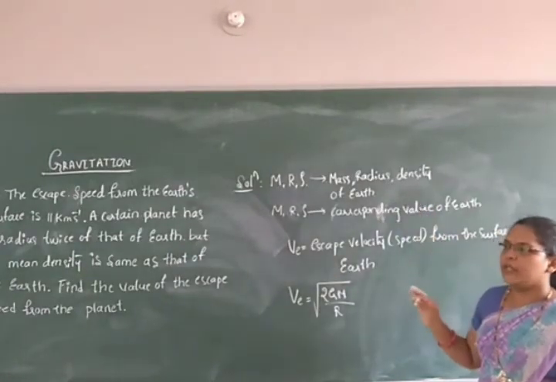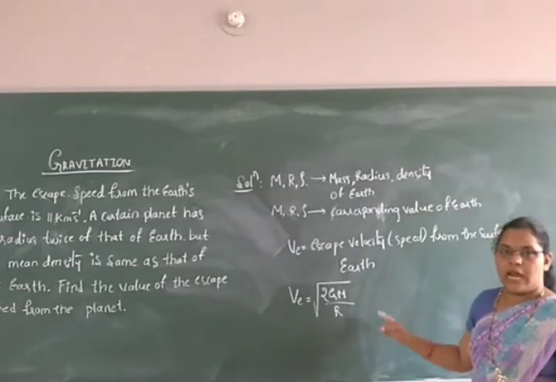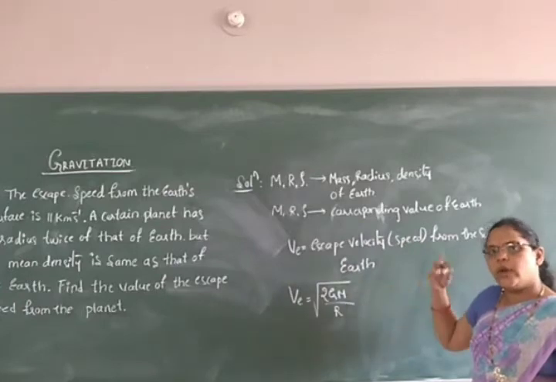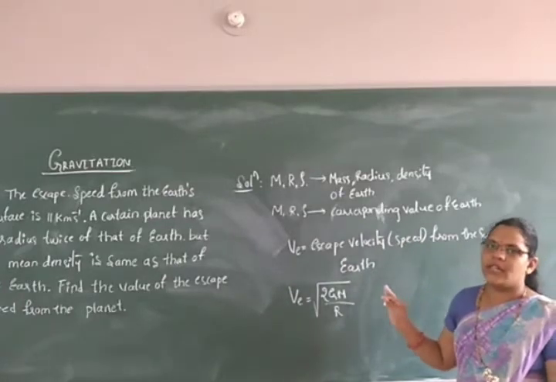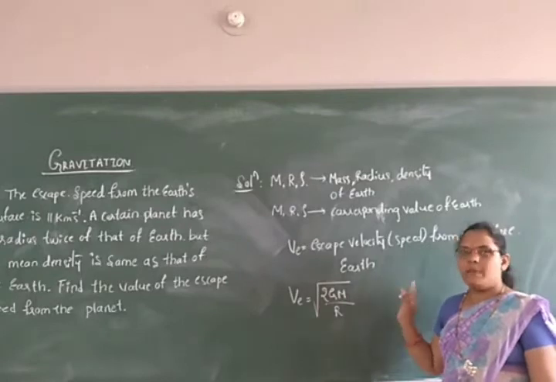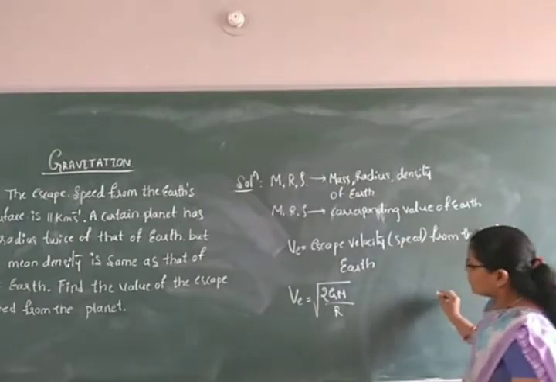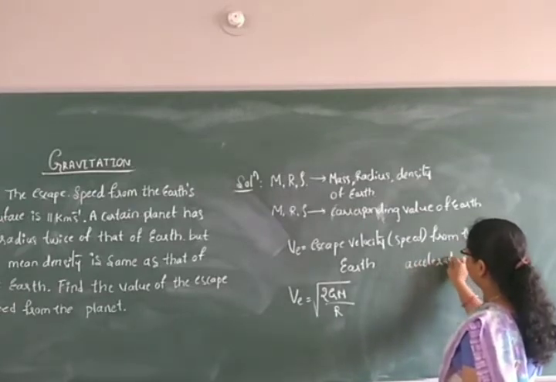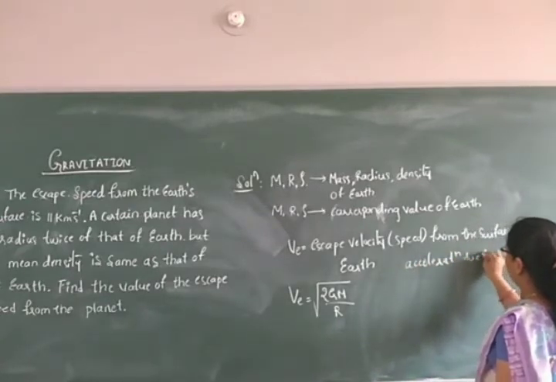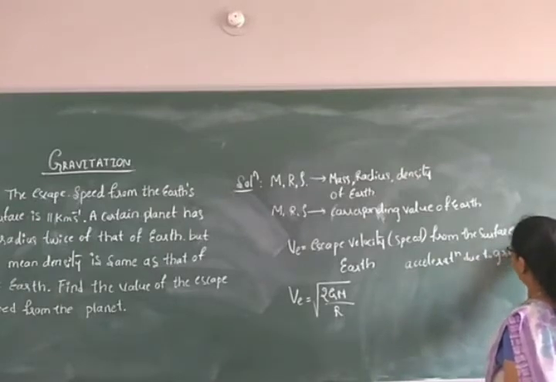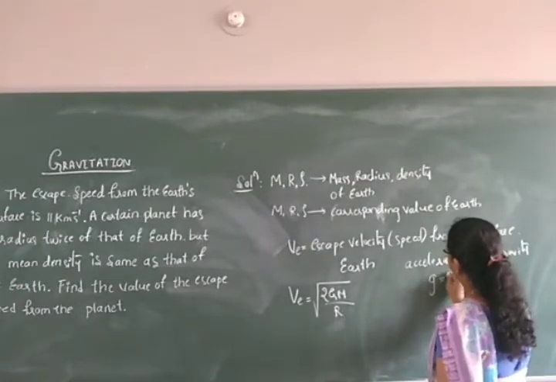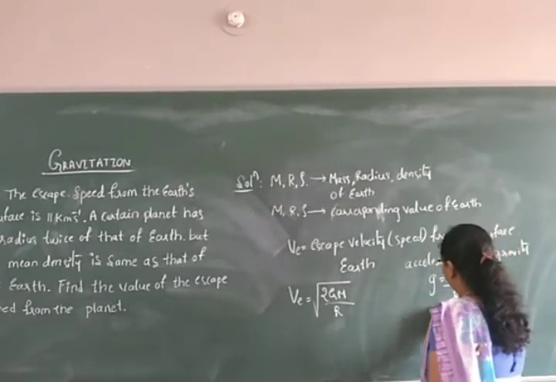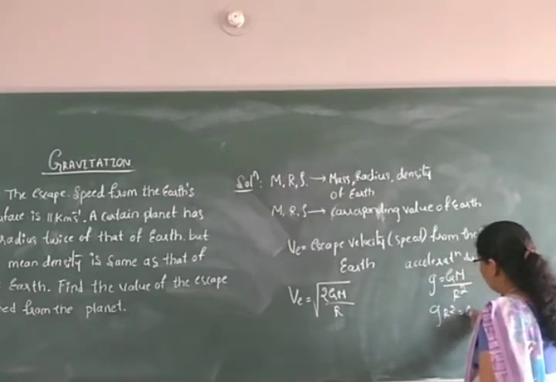So what we need to find out here is the escape velocity of the planet whose density is the same as that of the earth, but the radius is twice that of the earth. So we need to find the escape velocity or escape speed from the planet. Here, acceleration due to gravity, once again I will write it: g is equal to GM by R square, so g R square is equal to GM.